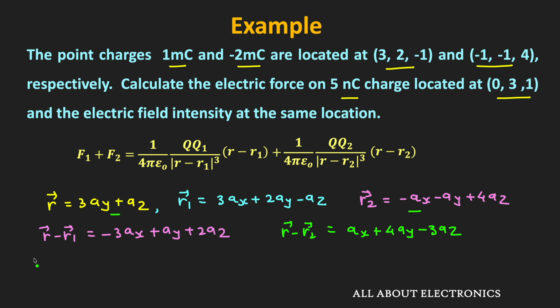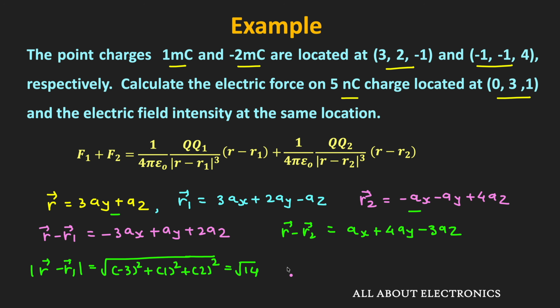So here, the distance between the charge q and q1 can be given by the magnitude of this vector, that is the magnitude of r minus r1. As you know, it can be given as the square root of minus 3 whole square plus 1 whole square plus 2 whole square, and that is equal to square root of 14.